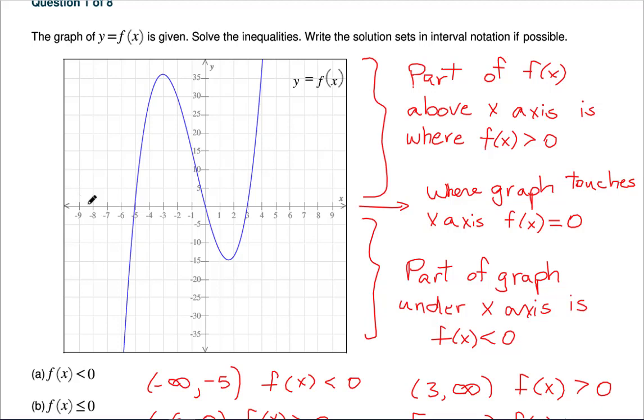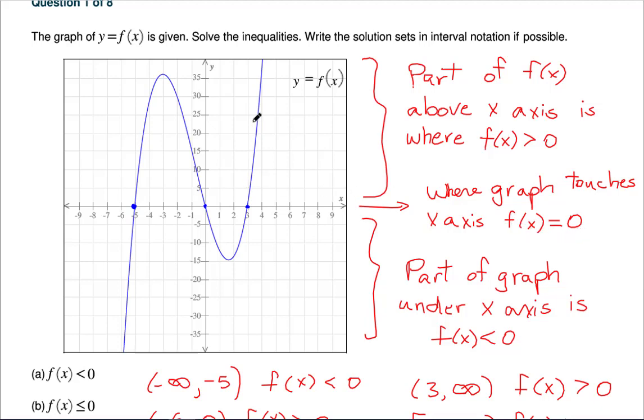So first off, here's the x-axis. This is the part of the graph where if the graph touches the x-axis, so touching it at 3, touching it at the origin, touching here at -5, that's places where f of x is 0.